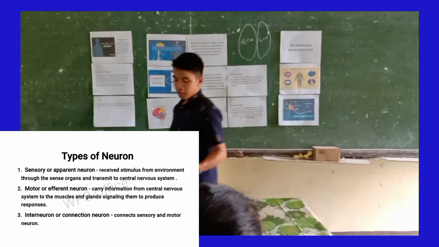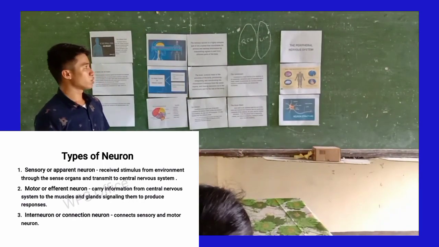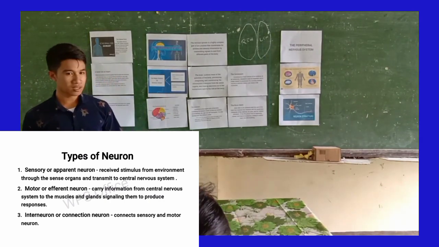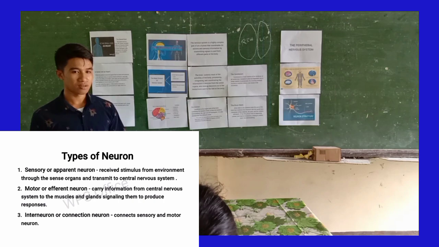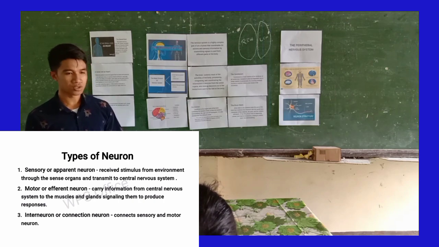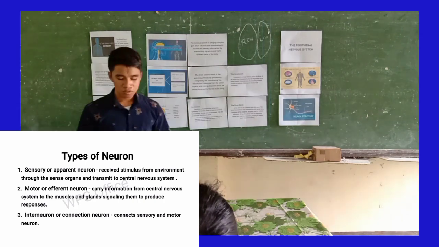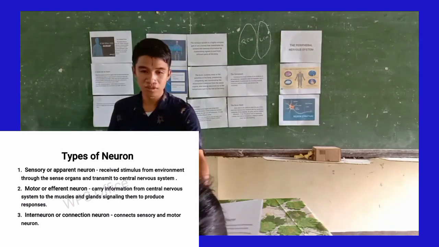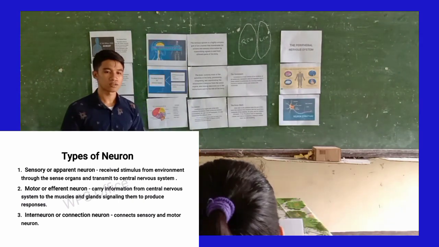There are 3 types of neurons which I included in my instructional material: motor neurons, sensory neurons, and interneurons. That's correct. So please read the 3 types of neurons.